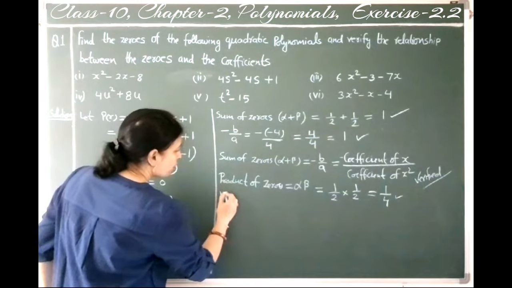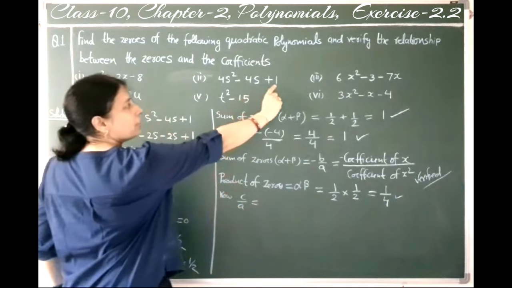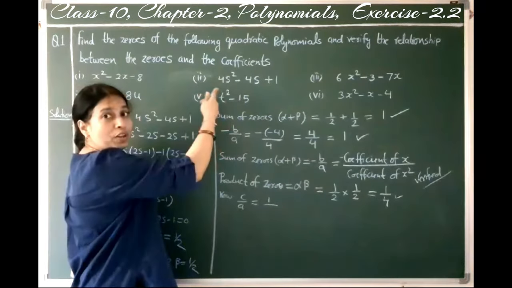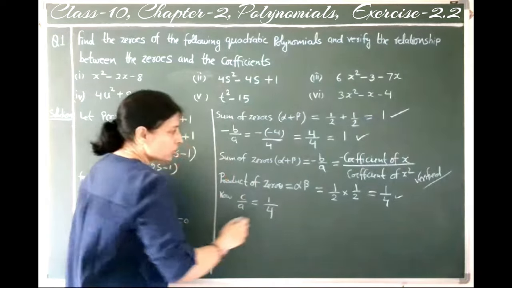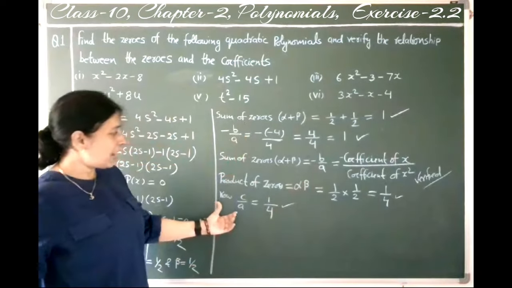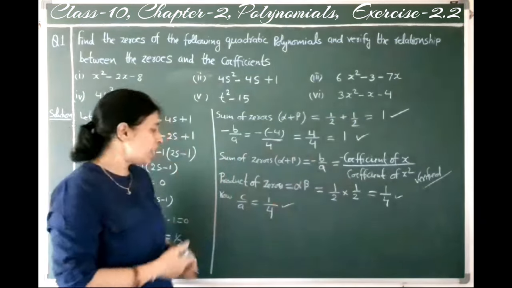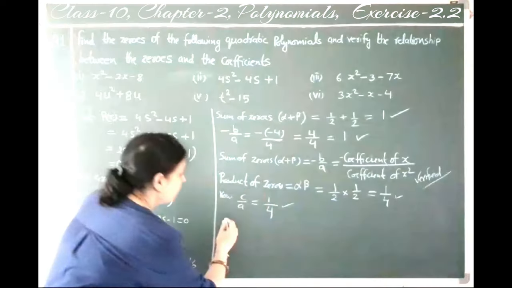Now c by a is equal to, look here, c is equal to 1. So write 1. And a is equal to coefficient of s square, which is here 4. So it is 1 by 4. So we have product of zeros alpha beta is equal to 1 by 4 and c by a is also 1 by 4.